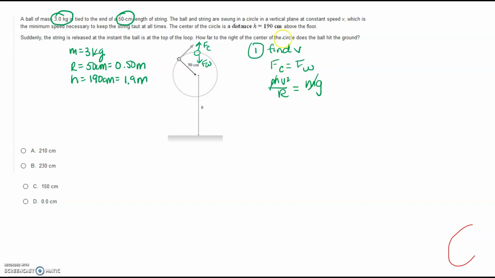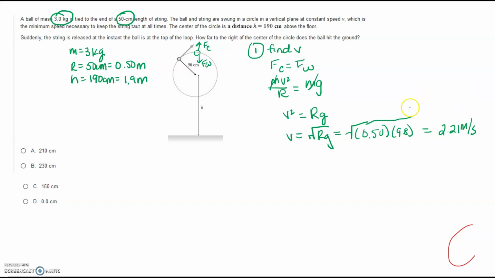My masses cancel. I get V squared is equal to RG. V is equal to the square root of RG, where R is 0.5. G is 9.8 always, unless we're on another planet, which gives 2.21 meters per second.